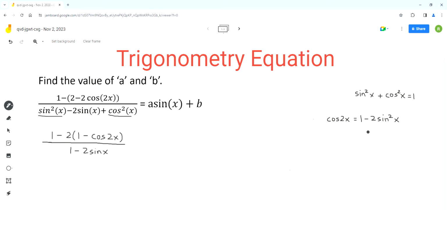Now we have to rearrange the terms in order to isolate 1 minus cos 2x. So we can do that first by adding 2 sine square x on both sides. So that way we can move sine square x to the left side of the equation. So this 2 sine square x on the right side cancel each other out. So we get cos of 2x plus 2 sine square x equals 1.